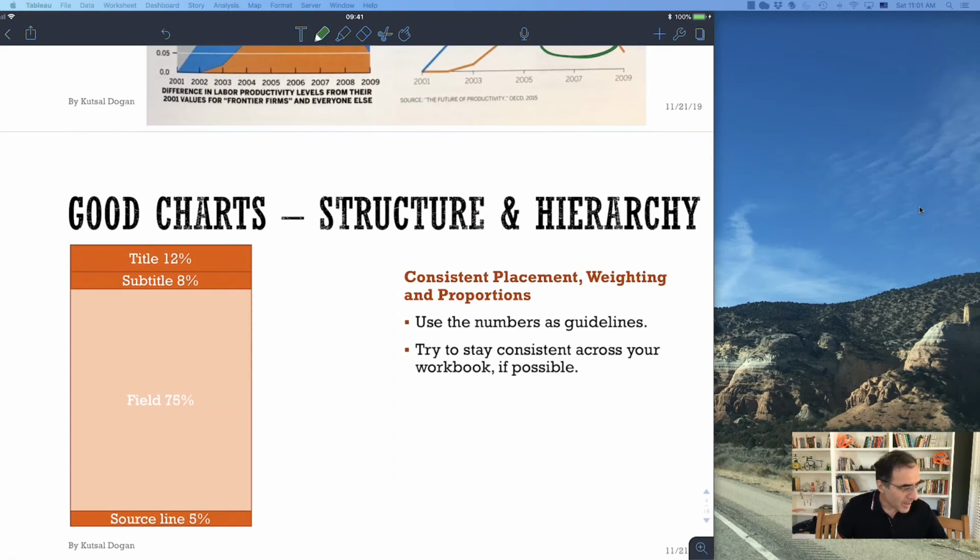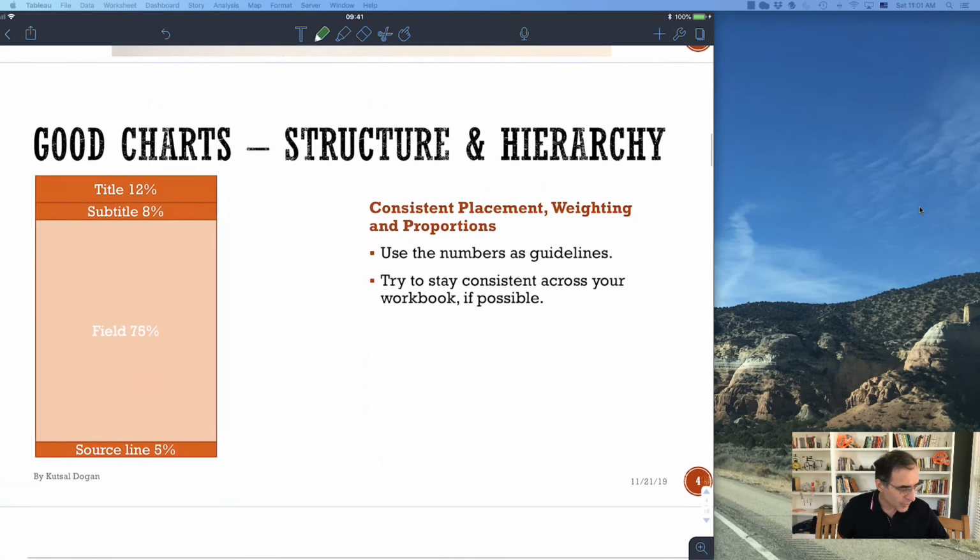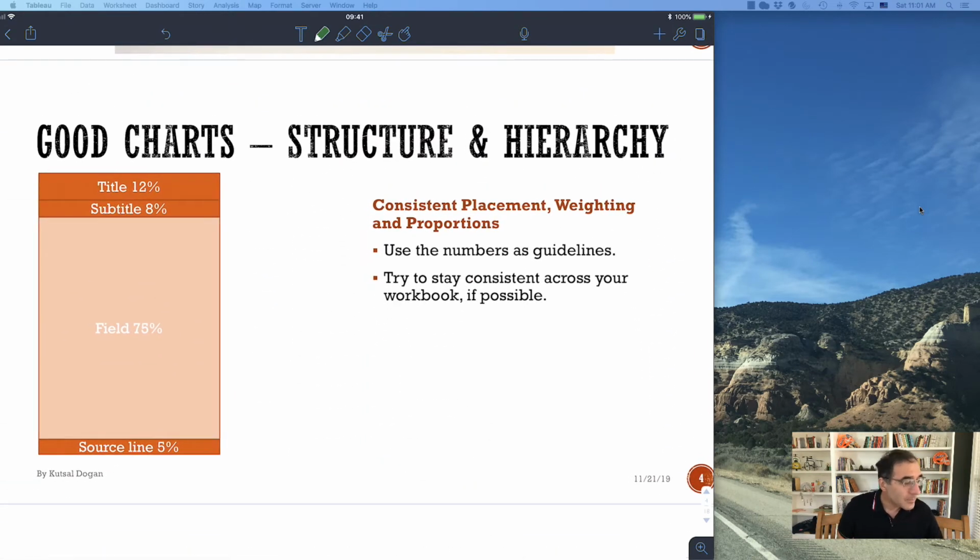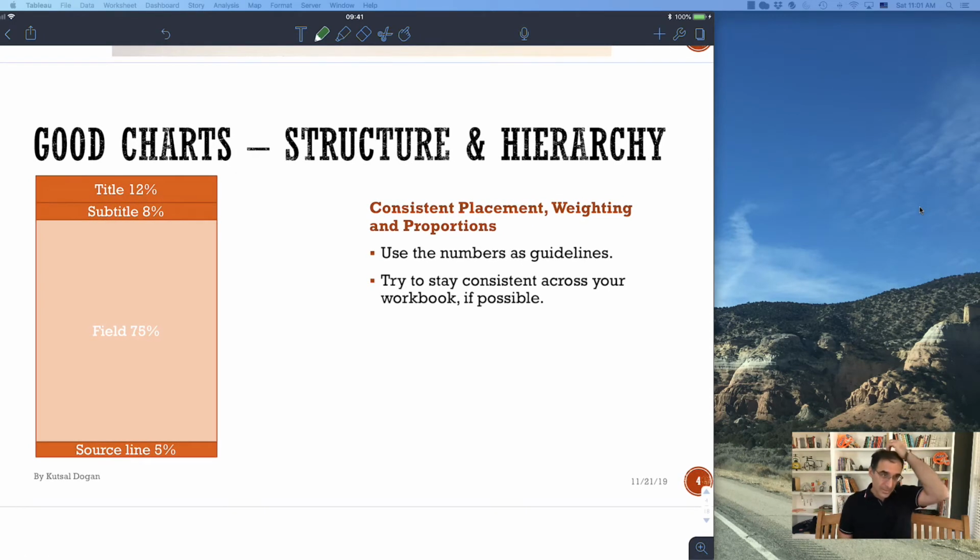So there is this hierarchy and structure of good charts, and Berinato shows us that the title is about 12%, the subtitle is about 8%, the field should be around 75%, and the source line at the bottom should be about 5%. Okay, so this is again a rough measure, and it doesn't work in every single chart. Sometimes you may not have a title, especially if you have a workbook of a bunch of charts.